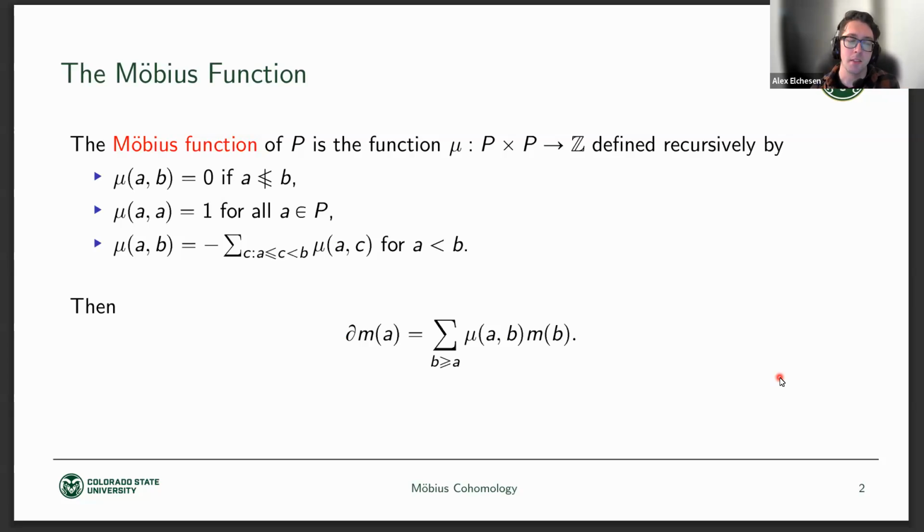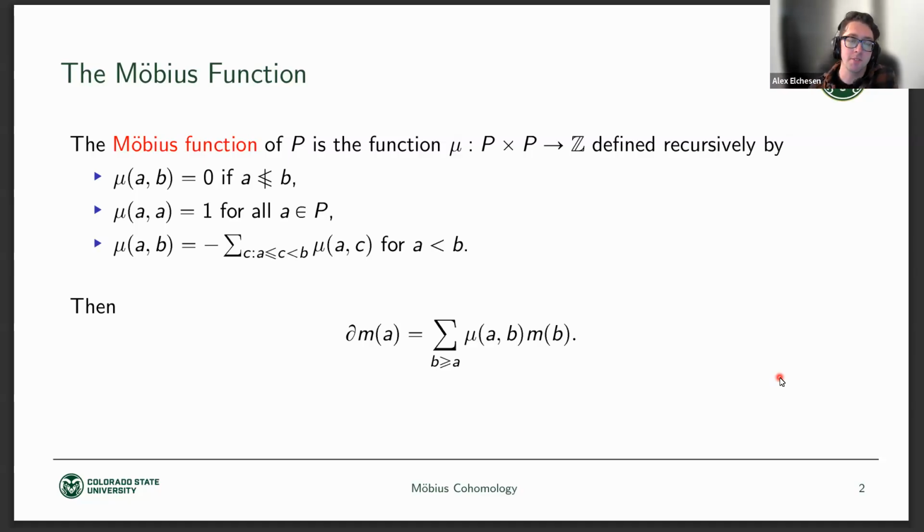For a comma a, you assign that value 1, and then if you have an interval a less than b, you assign it the number by looking at all c strictly between a and b, possibly including a. You look at the Möbius function that you already computed, sum those up, and you take a negative. So it's recursive. You start with the a comma a's, and then you build up one step at a time from there.